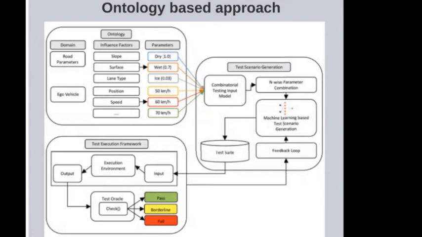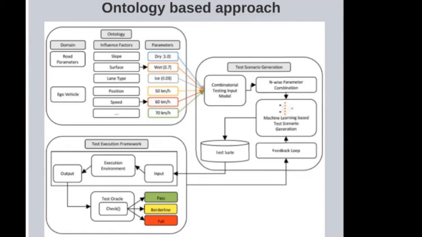And one approach that I have read and found interesting to put in the master thesis presentation was the ontology-based approach. You use machine learning to find the critical scenario.